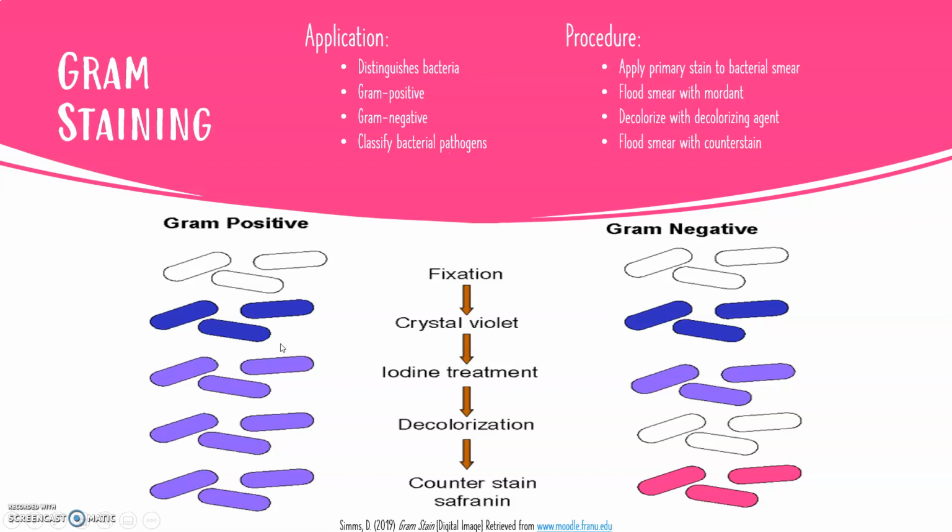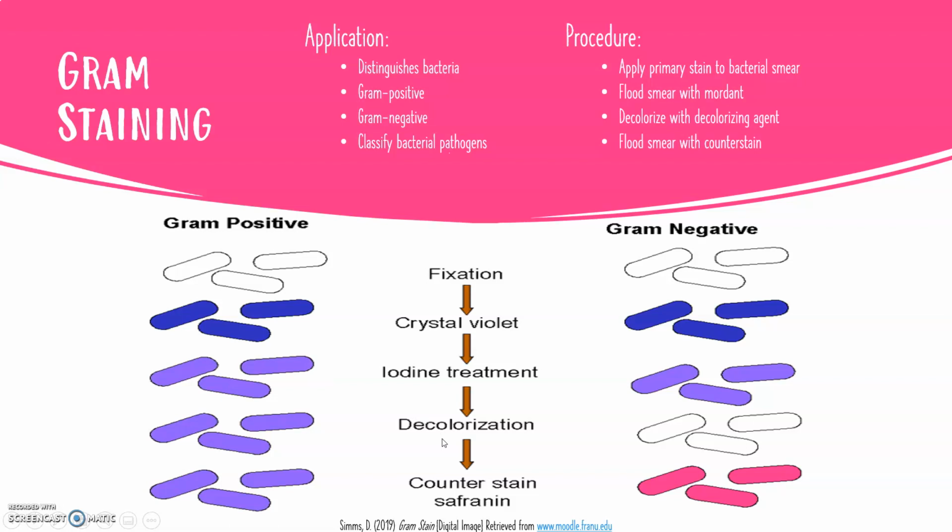And you can see that for both of them, when the crystal violet was added, they will both be stained the purple color. And then the Gram's iodine will come in and treat the primary stain to get it to really stick to that cell wall.